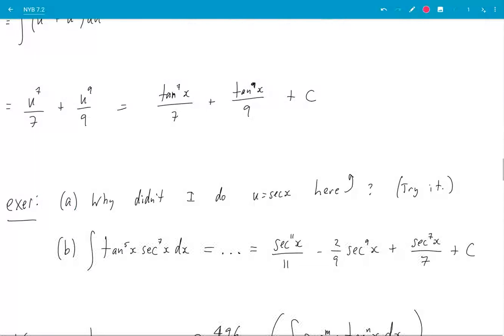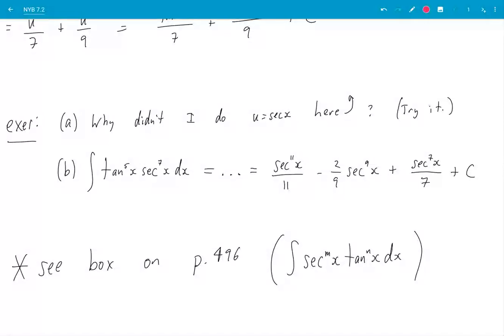Okay, scrolling back down. Okay, there's another box. So on page 496, there is a box that helps you with items of this form. So you should have a look at that. These boxes I'm referring to are things you can memorize if you choose to, to help you deal with certain forms.